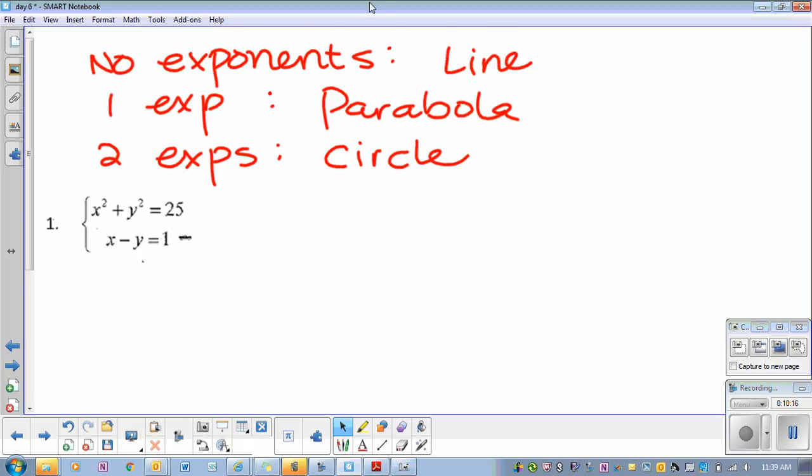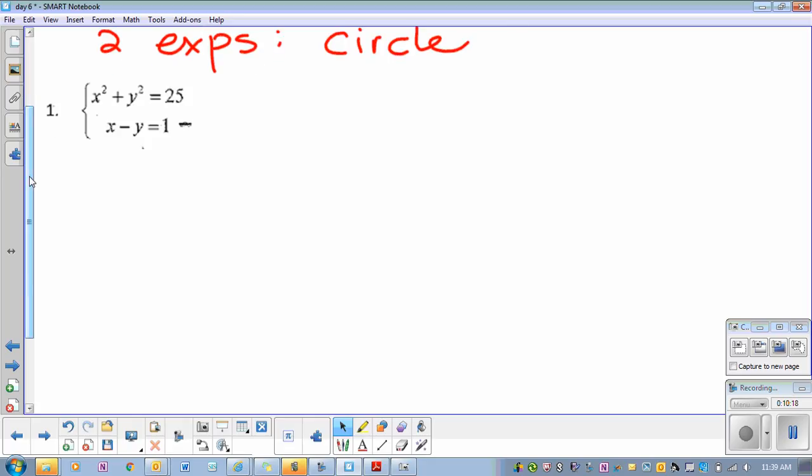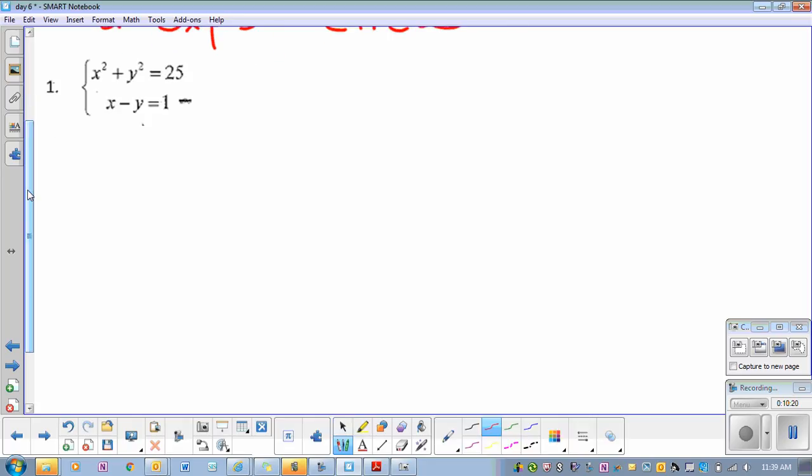Okay, so then with this one, I wouldn't want to change the first equation to make it equal to x or y because they have squares and then you have to do plus or minus with the square root. No, right? So look at the second one. x minus y equals 1. Well, then I would just add the y and then make it x equals y plus 1. You know what I mean?